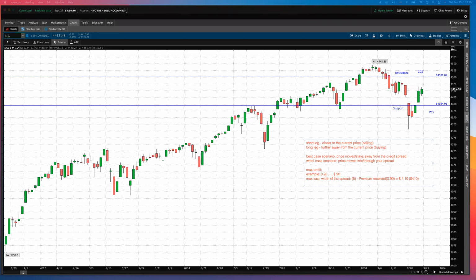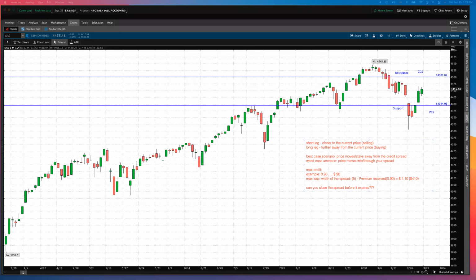So if at expiration the price of the underlying did not violate your spread, then you get to keep the maximum profit. Which begs the question: can you close the spread before it expires? That's a $1 million question.